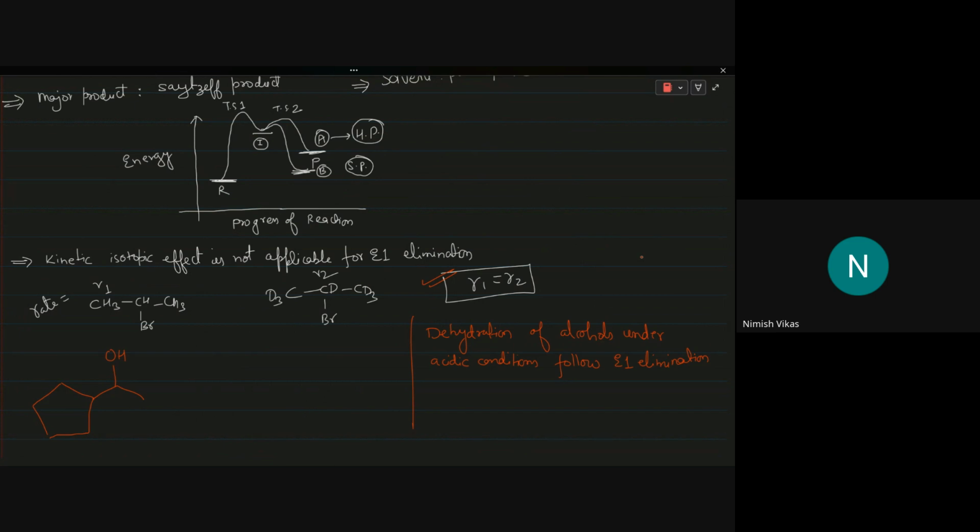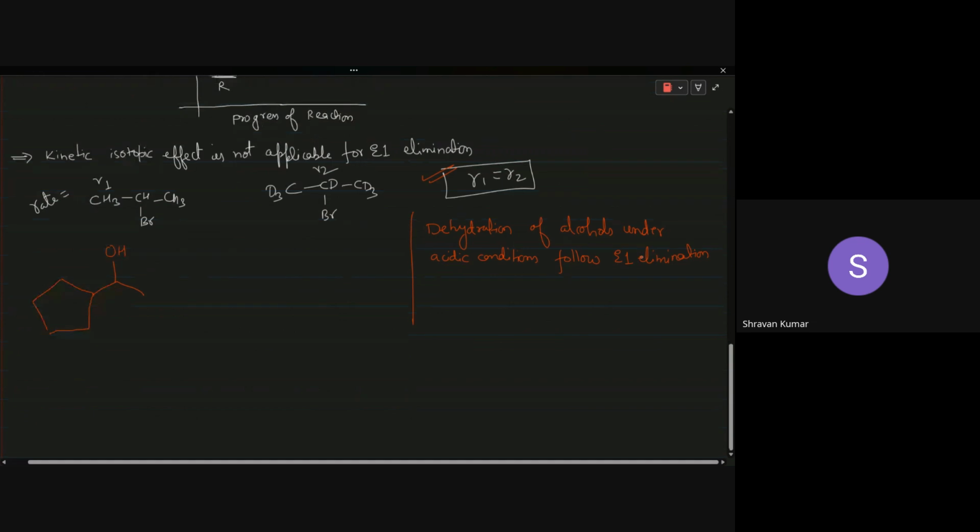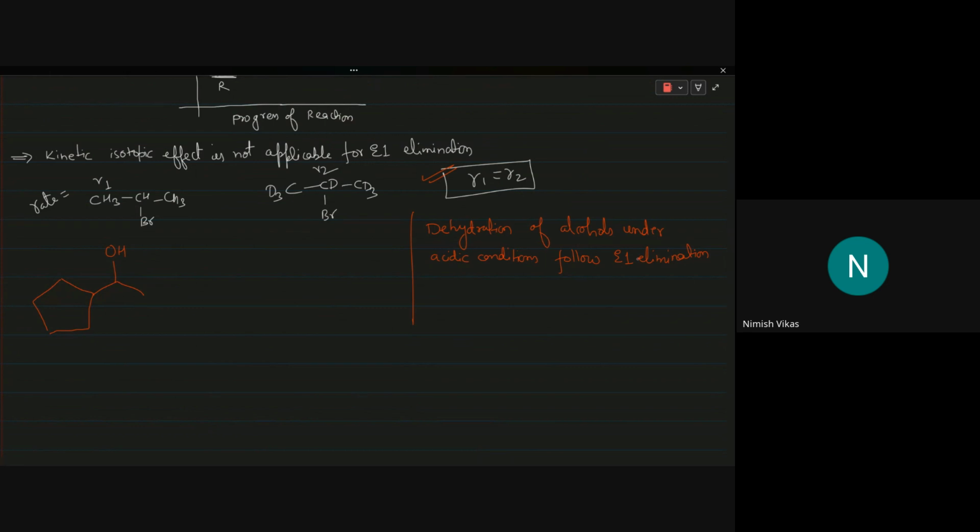Is my voice clear? Just confirm once. Yes, sir. So dehydration of alcohols under acidic conditions follows E1 elimination. What are the acidic conditions that are applied? You can have the acid H2SO4, you can have the acid H3PO4. All these will give E1 elimination, right?